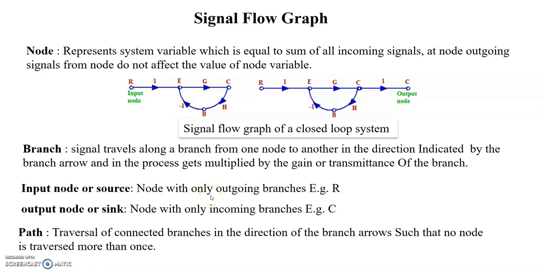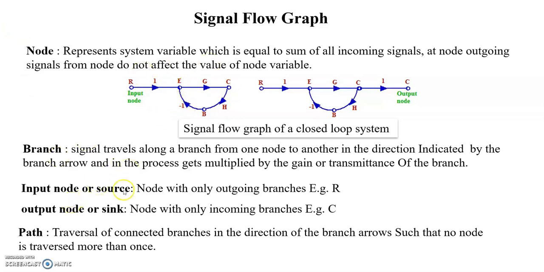The signal travels along a branch from one node to another node in the direction indicated by the branch arrow and in the process gets multiplied by the gain, or transmittance, of the branch.